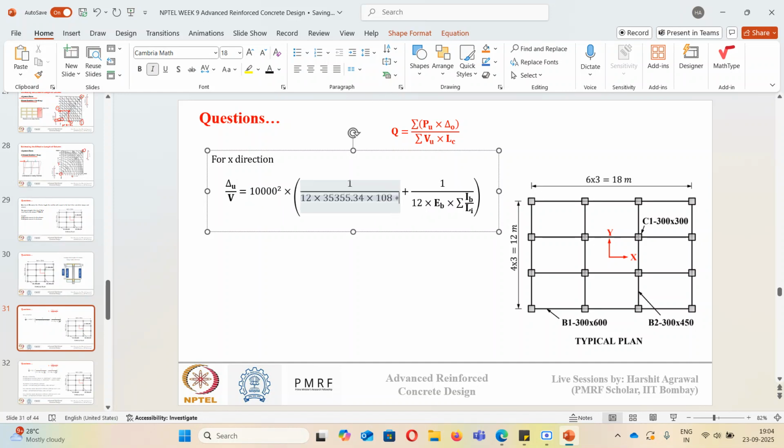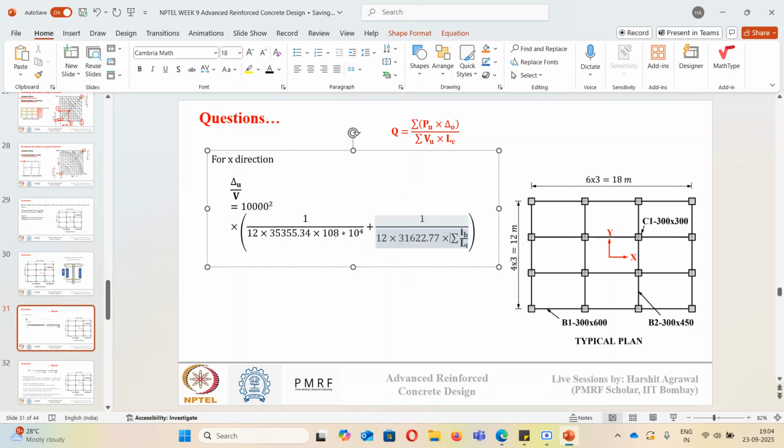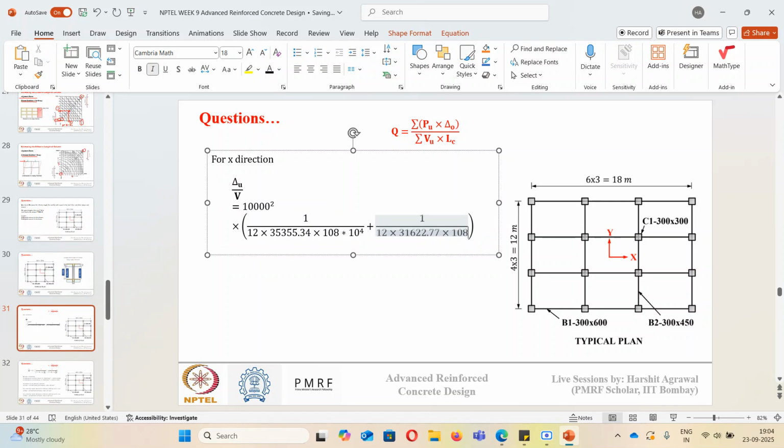Here also EB we have calculated, the modulus of elasticity of beam, that is 31622.77, and summation IB by LI in x direction, it is 108 into 10 to the power 5.